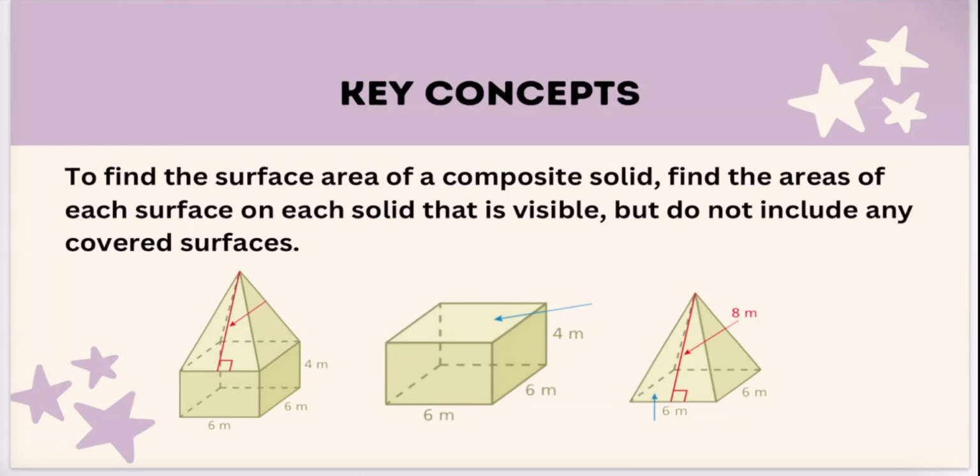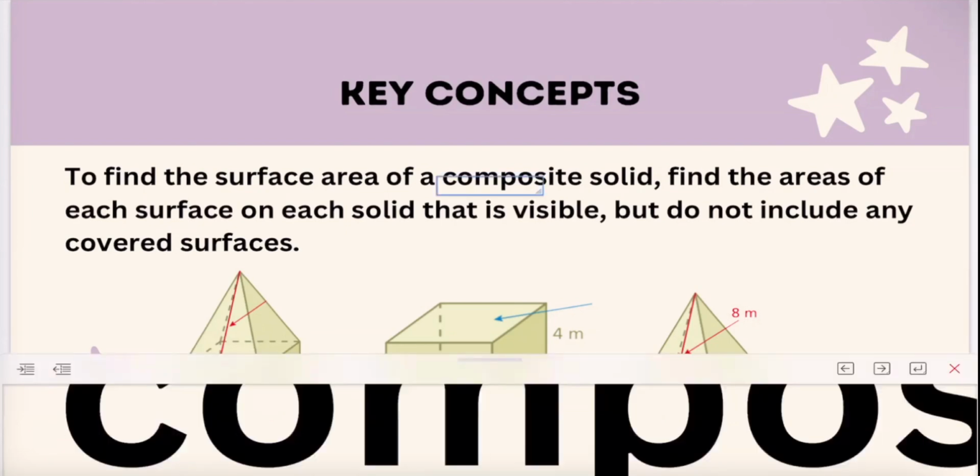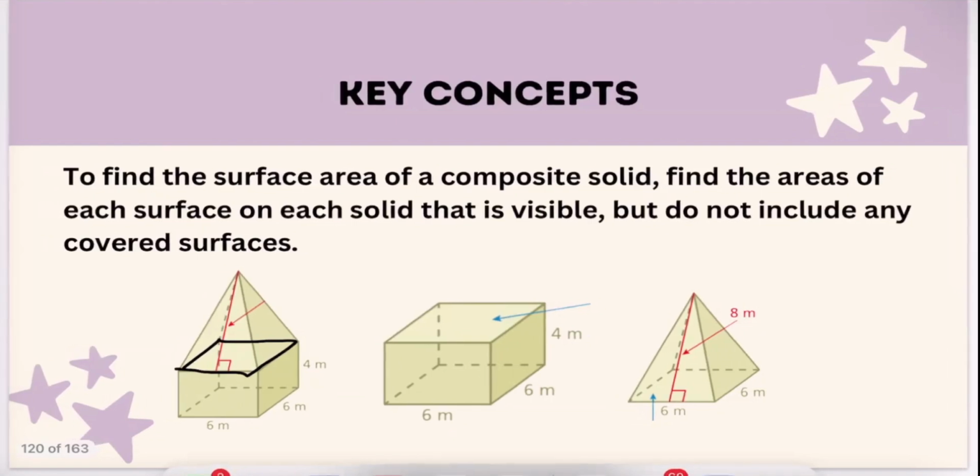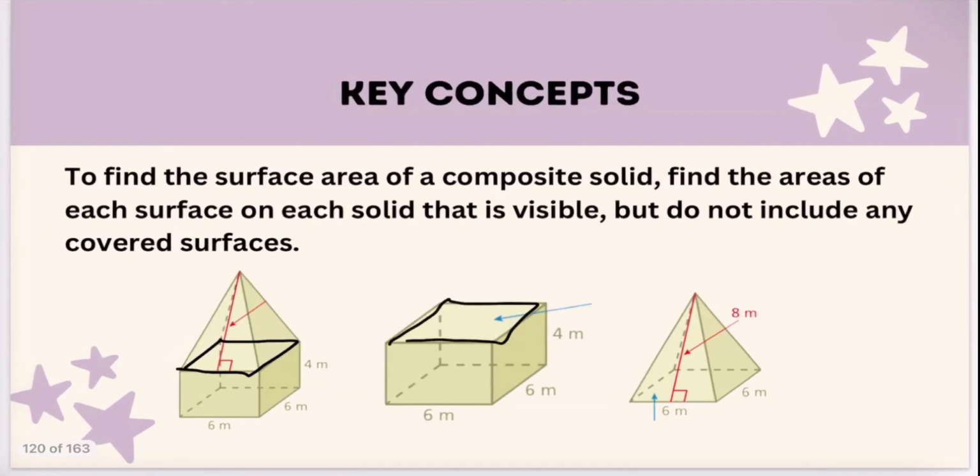However, when we're asked to compute the surface area for the composite solid, notice that this 6 by 6 square right here, actually, I'm going to show you what I mean. This one right here is covered, and so therefore it wouldn't be included in the rectangular prism or in the square-based pyramid either.